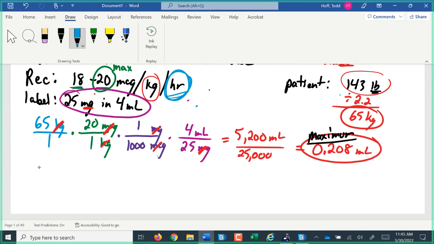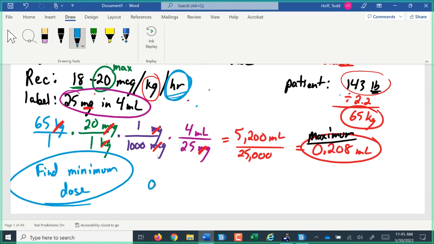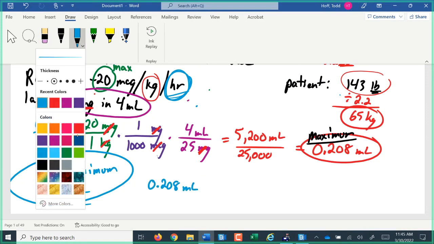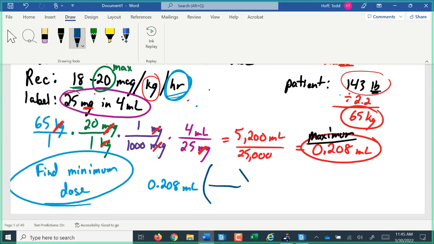So to find the minimum, start out with that maximum dose we calculated, the 0.208 milliliters. And we're going to use a ratio. Remember, what goes on bottom is what was used for the 0.208. That's the 20 micrograms per kilogram.